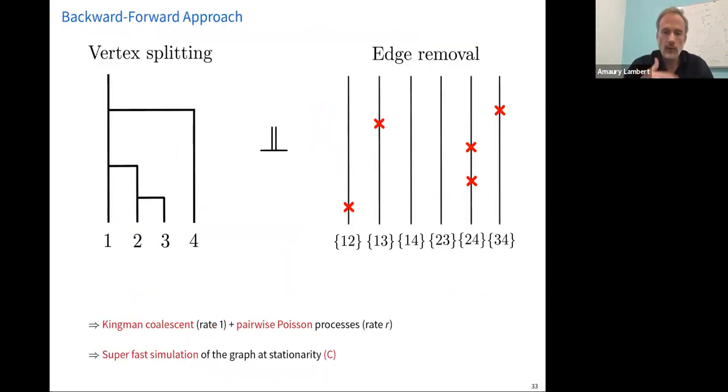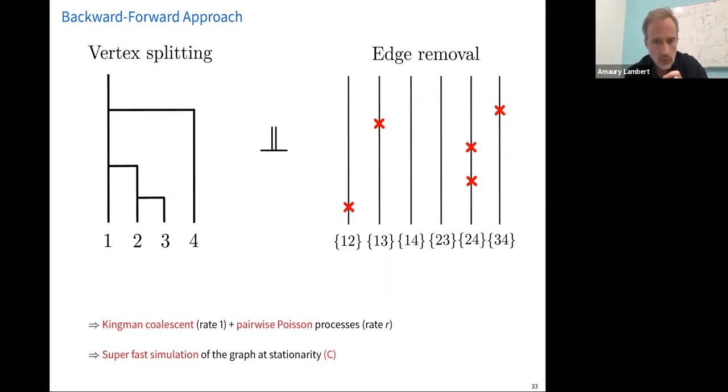So as far as a simulation is concerned, we can use the fact that the genealogy of particles is given by the Kingman coalescent that you can remember from last week's lecture. And the presence of an edge between I and J depends on a Poisson process with rate R on the pair IJ.